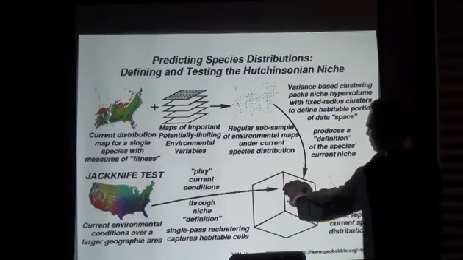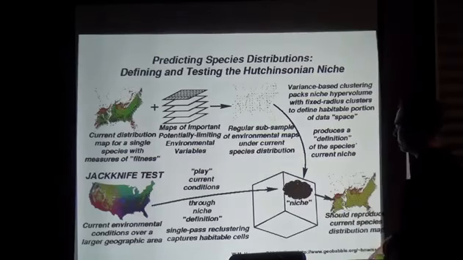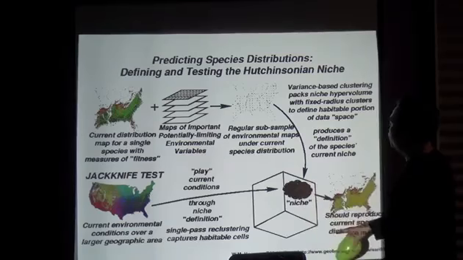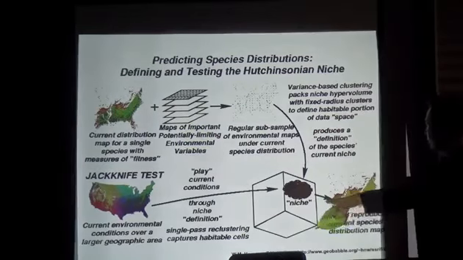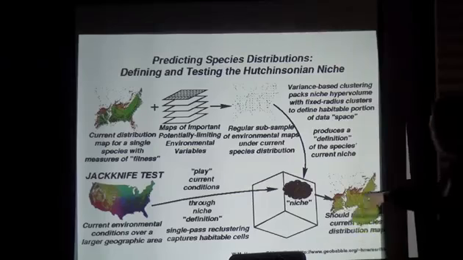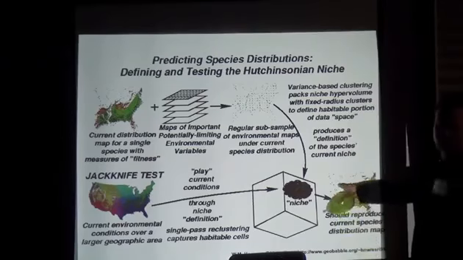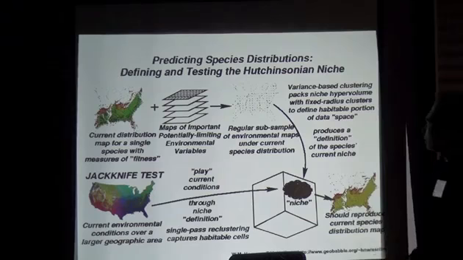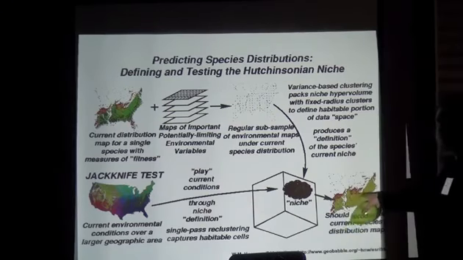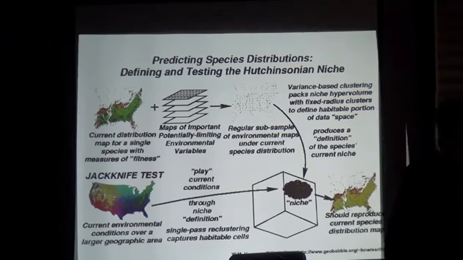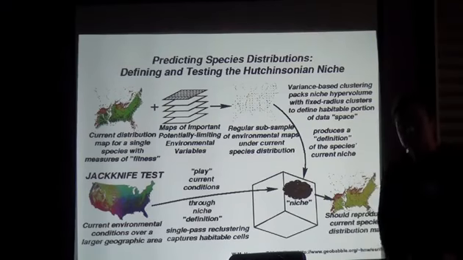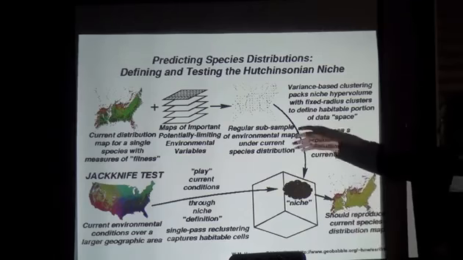From this, I can do tests. I can back-calculate and figure out which of these things are most important to defining the range, and then I can make a prediction and say, here's what we think should occur. I can do that over its current distribution. And in the context of invasive species, I can take that same data in a foreign place, a place where that species currently is not, and ask, could it occur there? Would it be suitable based on its current distribution?